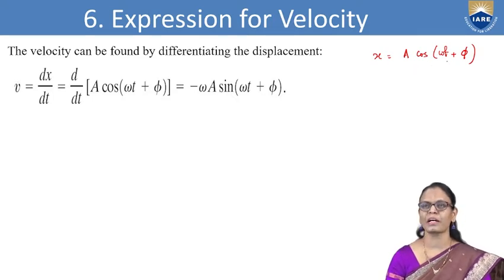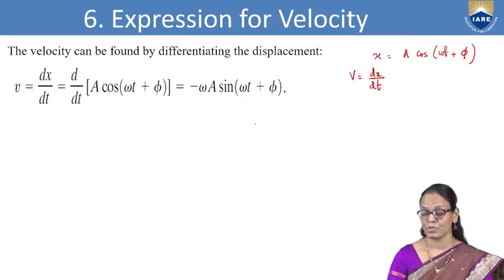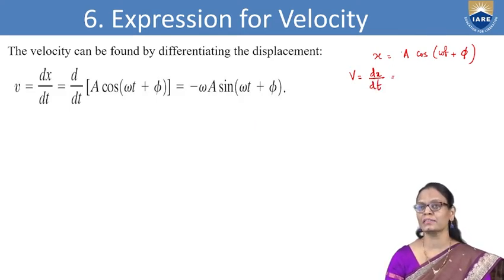Now velocity is the rate of change of displacement, dx by dt. So I take the derivative of x with respect to t. The derivative of cos is minus sine, so we have minus a sin(omega t plus phi).